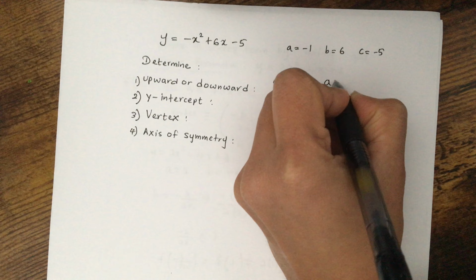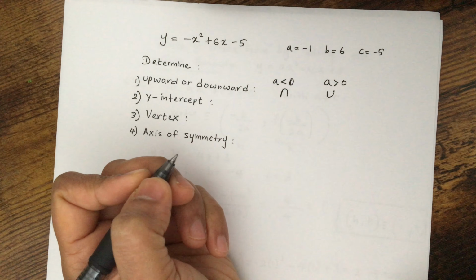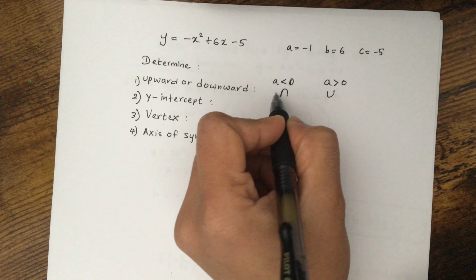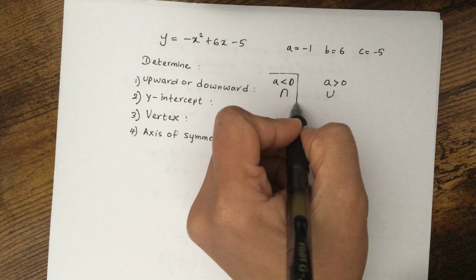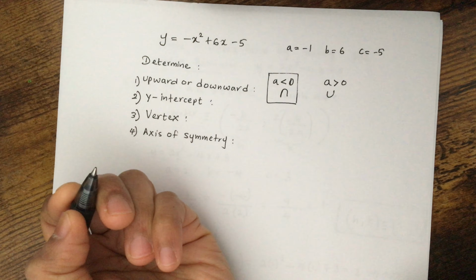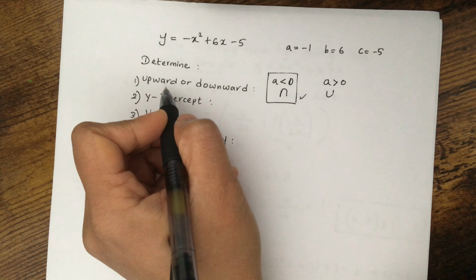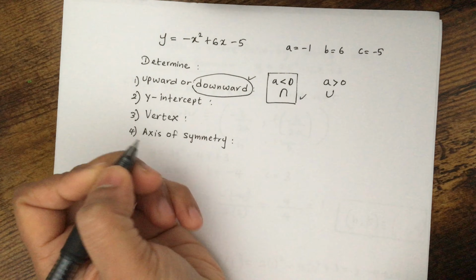And if your a is positive, it is upward like this, okay? So in this case your a is a negative number, so your quadratic function is downward, right? So downward is the correct answer.